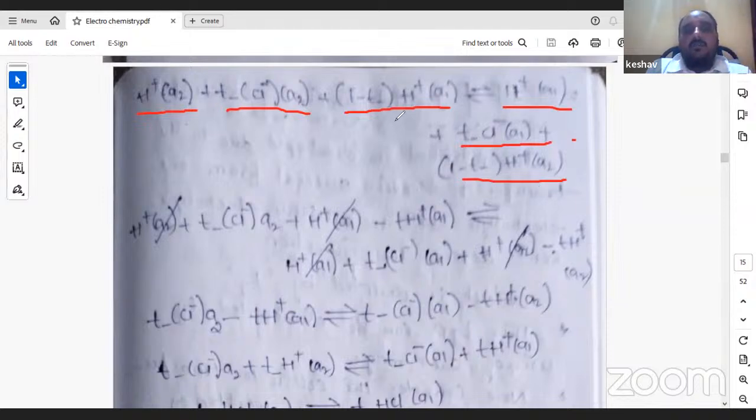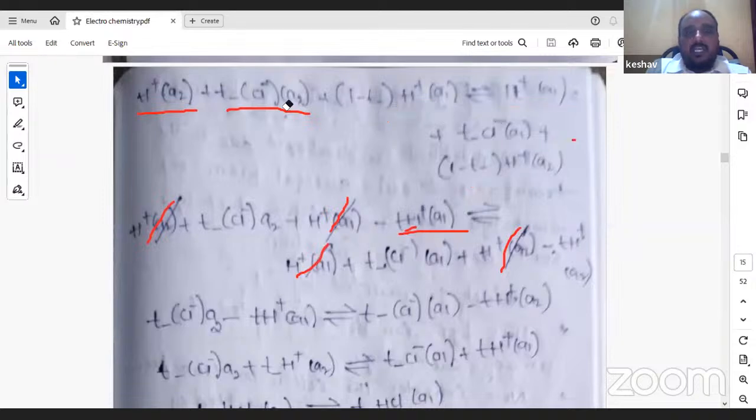So now we are simplifying. 1 minus T minus of H plus of A1 will be written as H plus of A1 and T minus of H plus of A1. So this is also the same, 1 minus T minus will be expanded. Therefore, H plus of A2 on the right hand side, H plus of A1 on the right hand side, H plus of A1 on the left hand side, all become cancelled, right?